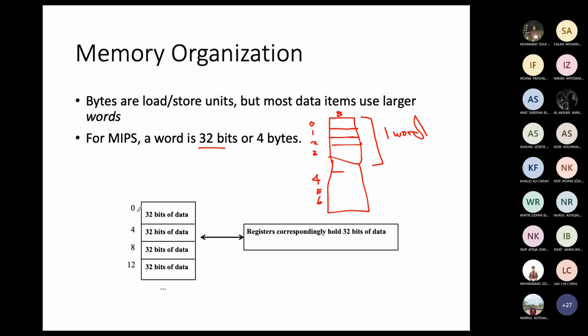Basically 0 here means we have a composition of cells 0, 1, 2, 3, here 4, 5, 6, 7. It's like a cell of 8 bits, and then we group them together to get 32 bits of data. Thus come the 4 bytes of each memory word.